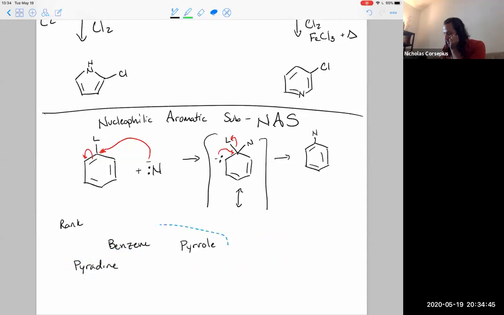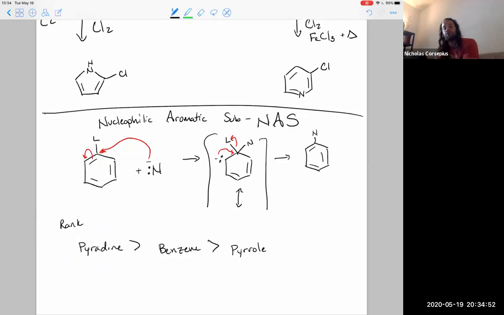All right, and hopefully we remember that this is the exact reverse of what it is for the electrophilic aromatic substitutions, right? Pyridine is actually going to be the best for these nucleophilic aromatic substitutions.